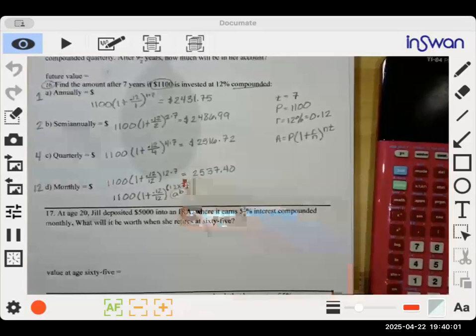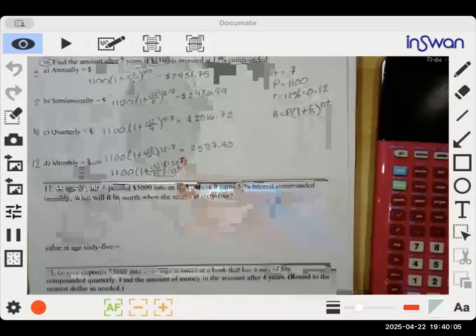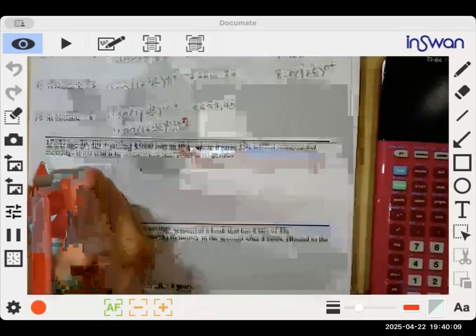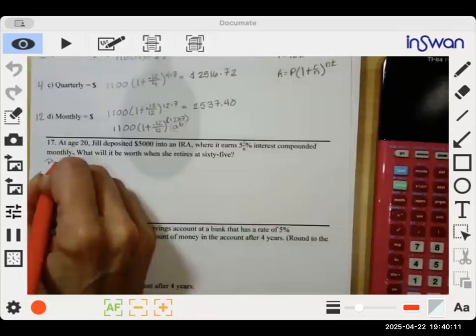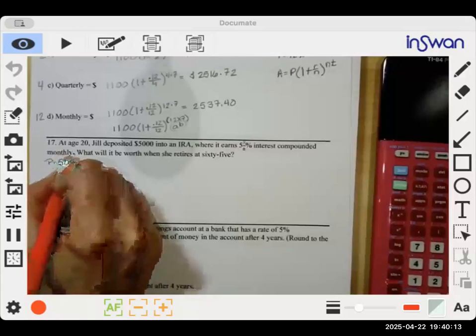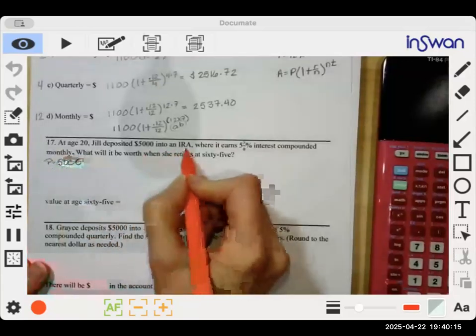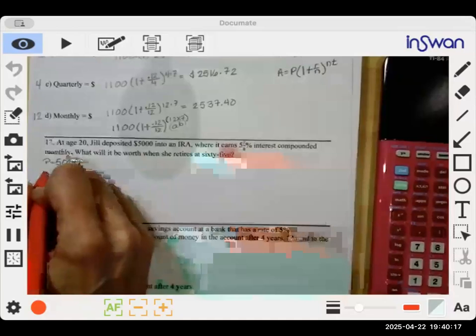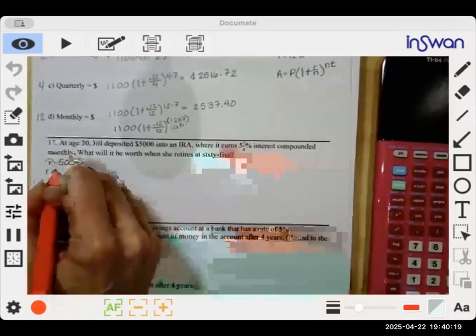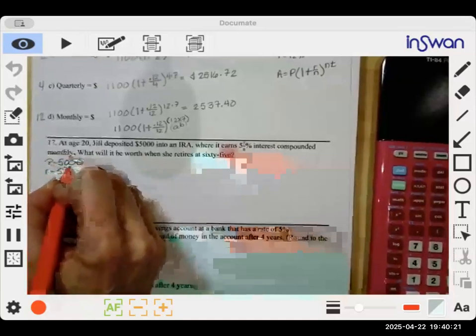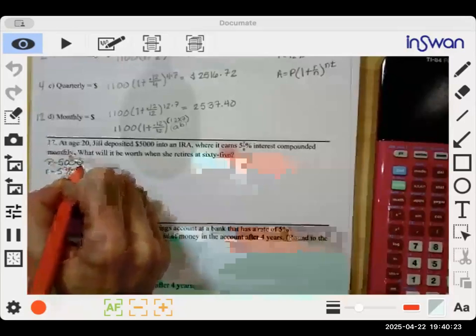All right, should we do number 17 then? At age 20, Jill deposited $5,000, so our principal is $5,000, into an IRA where she earns, so our rate is 5 7/8%.